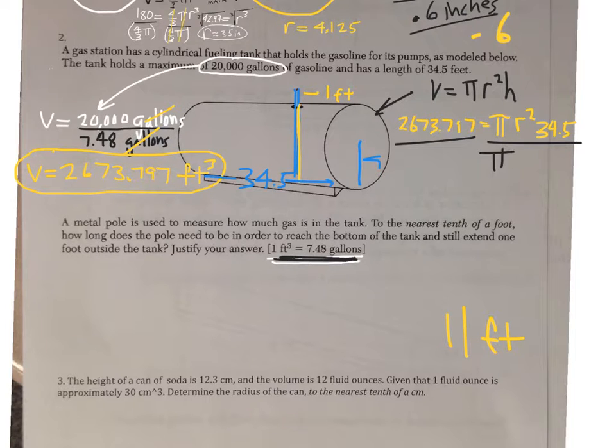We did that a ton yesterday. So you could do it all in one big step, 34.5 times pi, and divide that on both sides. So that would make the pi's cancel, the 34.5 cancel, and the only thing left is the radius squared. So the radius squared, if you type that into the calculator, is about 25.